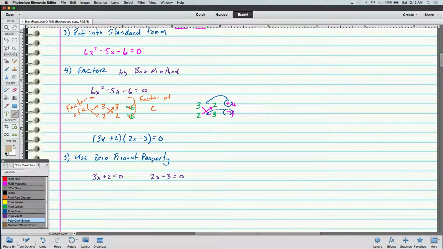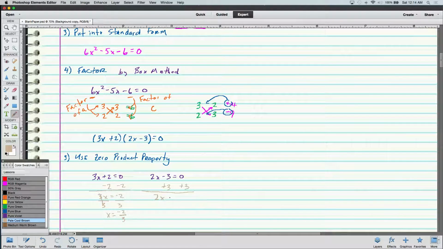For the equation on the left, we'll subtract by 2. Left with 3x equals negative 2. Divide by 3. And we're left with x equals minus 2 over 3. On the right side, we're going to add 3 to both sides.